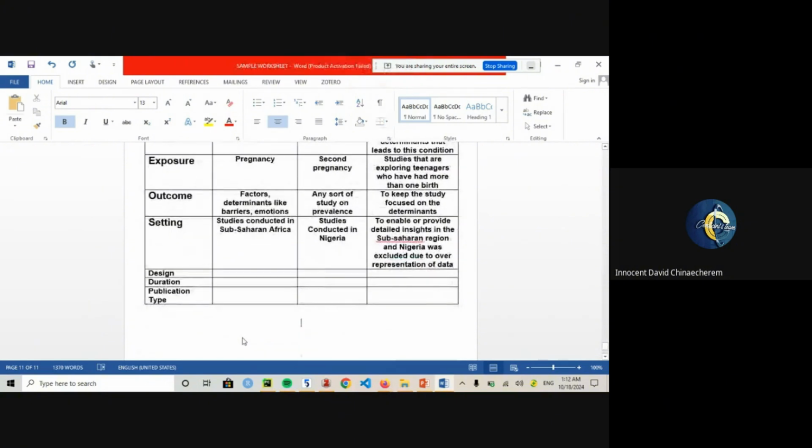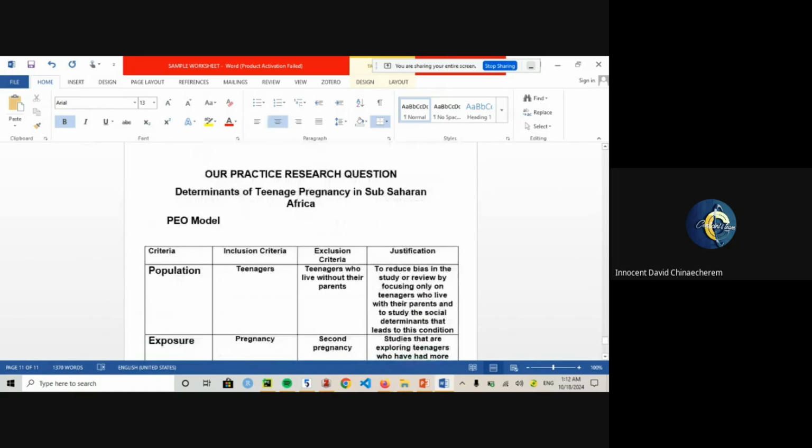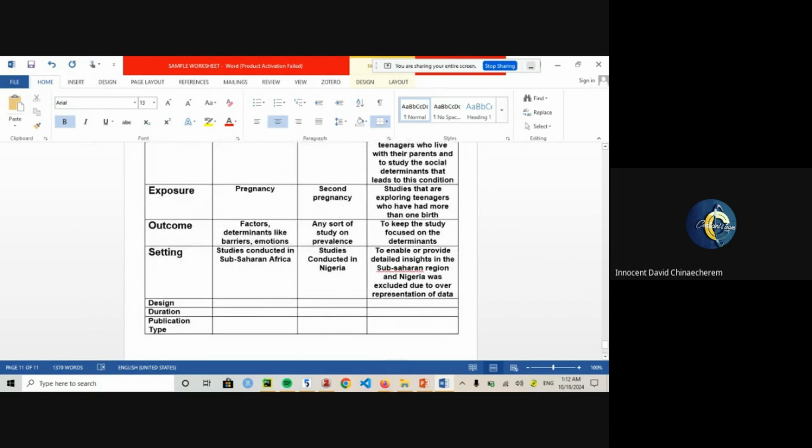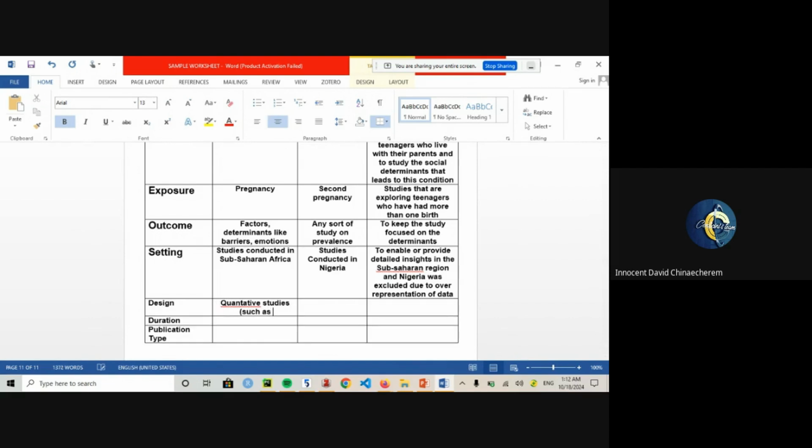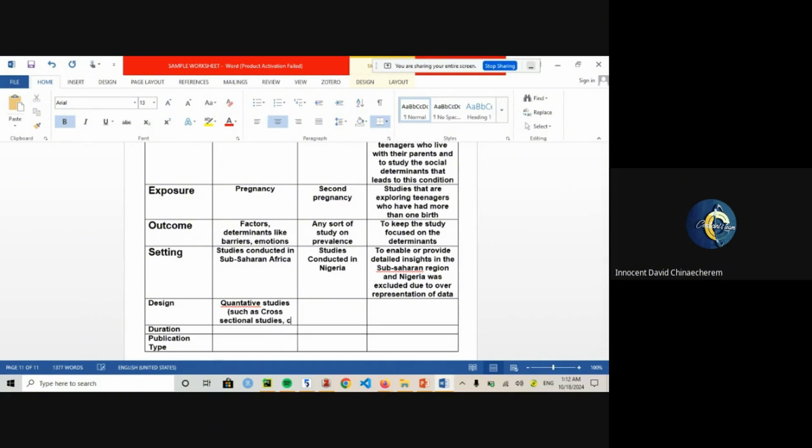Cool. So I could come to the design. I'm going to include, in terms of my design, for my inclusion and exclusion criteria in my sample, where I'm talking about determinants of teenage pregnancy. So I could actually decide to include quantitative studies, such as cross-sectional studies, case studies, cohort studies, I could include cities if they are present.